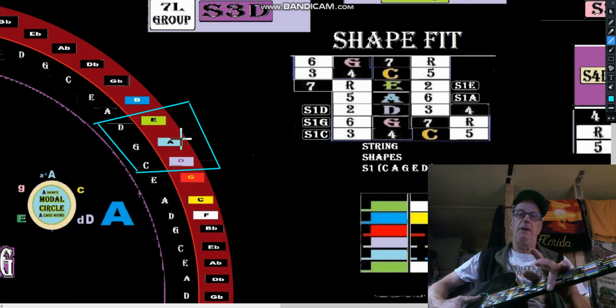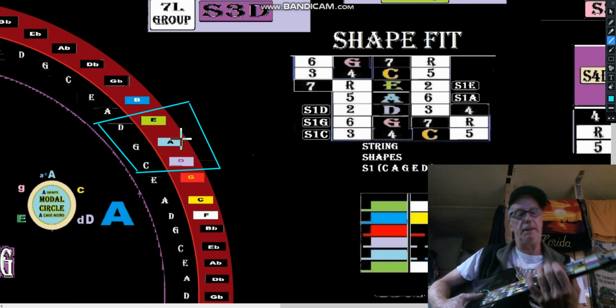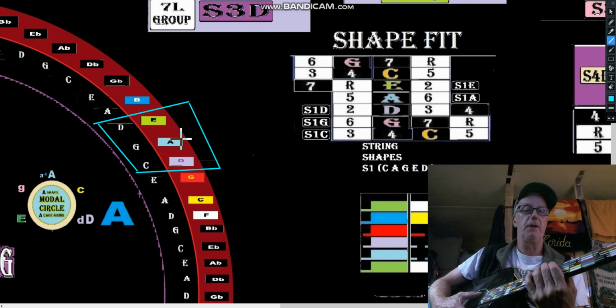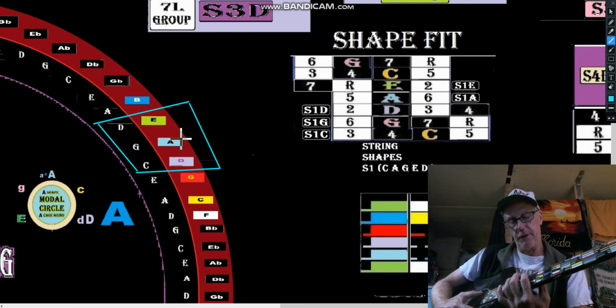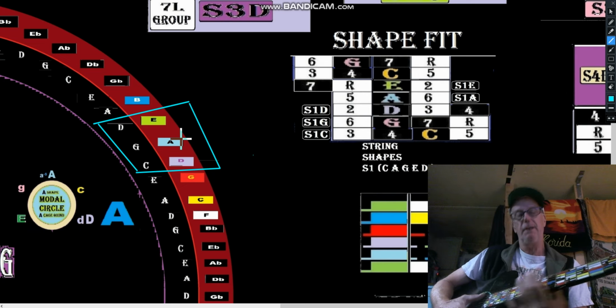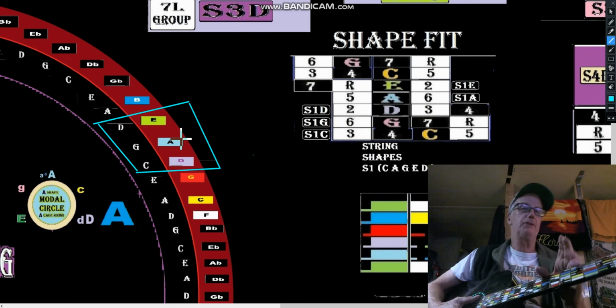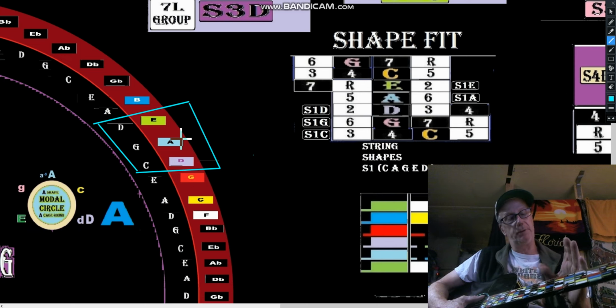So that's another way I look at it. Another way I can play that whole pattern is just with this, doing an A string shape on the bottom, 5/6, and then doing an S4E. That's an S4E. Okay, so it matters how you look at how you're playing it.